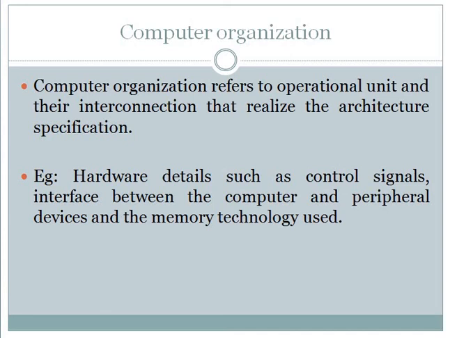For example, hardware details such as control signals and the interface between the computer and peripheral devices. Peripheral devices means external devices like pen drives and printers. So these things should interface to the computer.